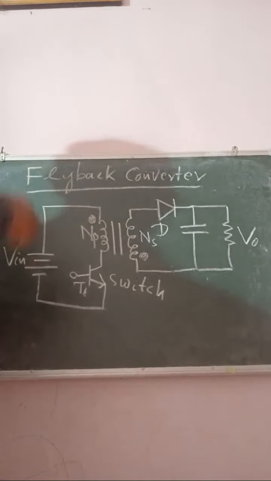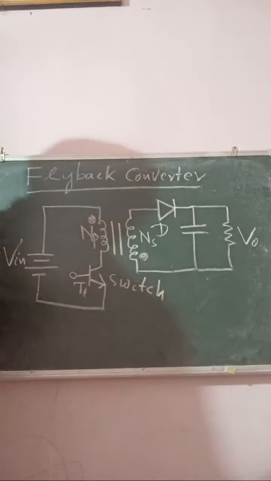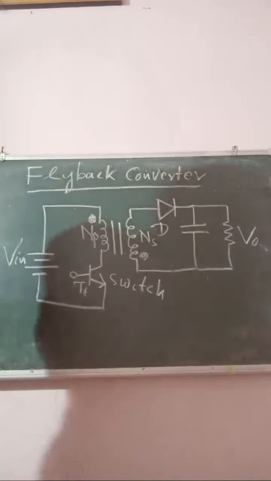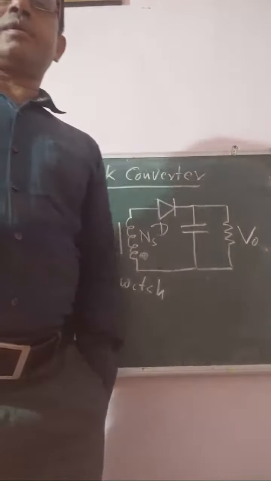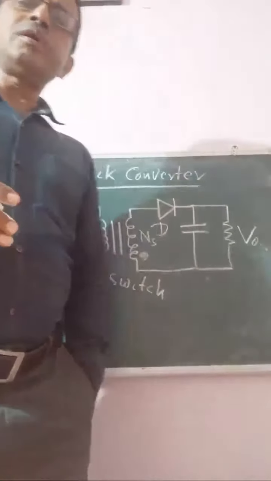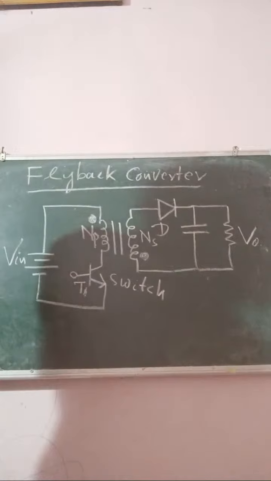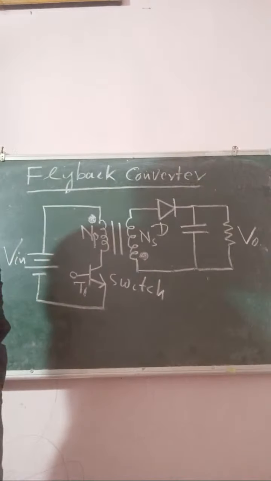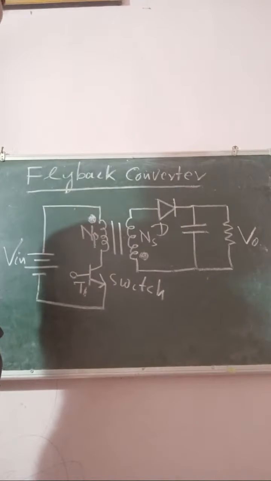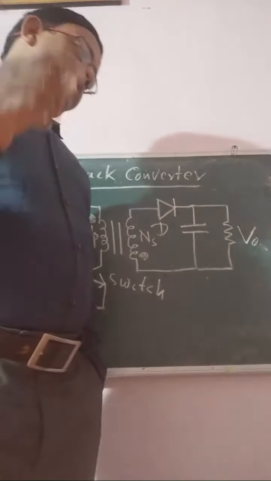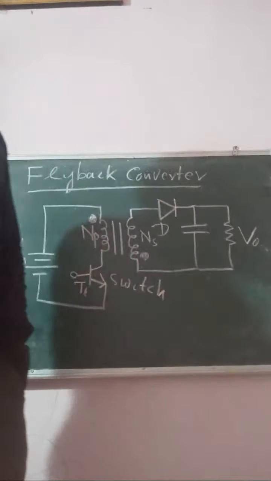What is the function of an inductor? An inductor is a storing element. A capacitor is also a storing element that stores electrical energy. But what is the function of a resistor? It dissipates electrical energy.